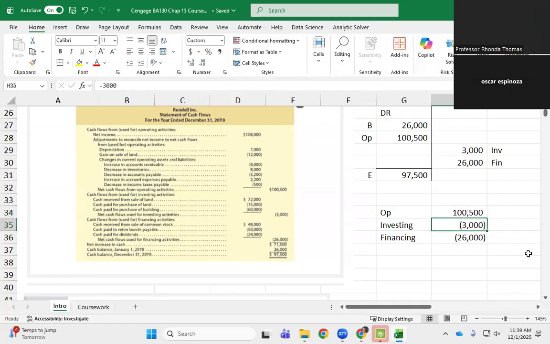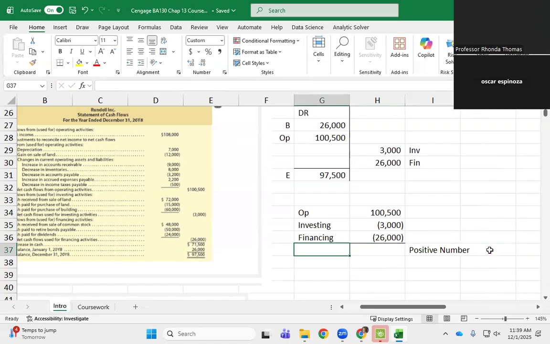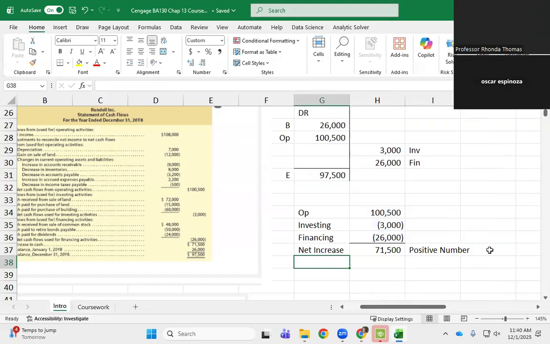There we go. If we net these, this is your net increase in cash. How do you know it's a positive number? Because these two subtracted still leaves us with a positive number. If you have a positive number, then you've had an increase in cash. So this is the net increase, and I can make those add up to $71,500. So basically, that's what you're doing here on the cash flow.